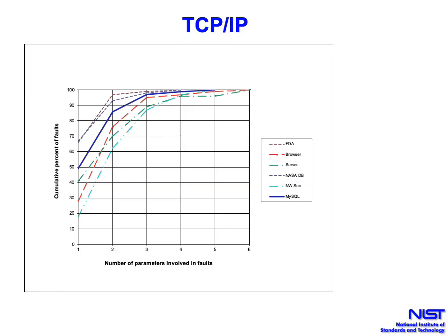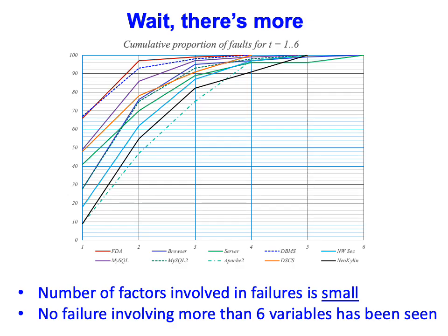TCP/IP, again, very similar. And just collecting data from a large number of systems, we see very similar profiles here. So a couple of things are worth pointing out. There are a few systems where only around 10% of the failures were caused by a single factor.